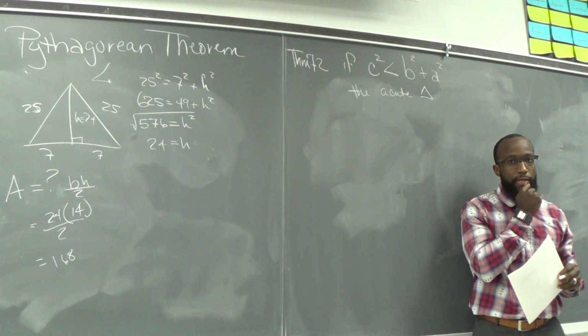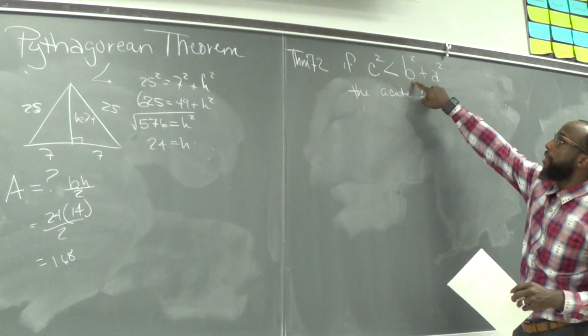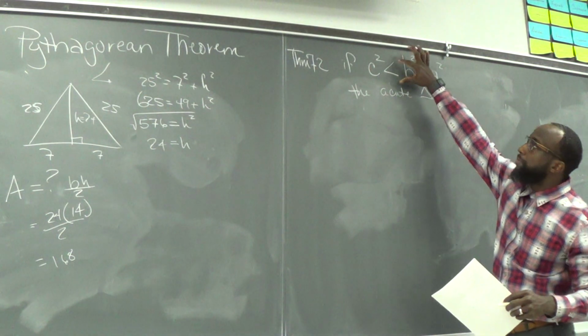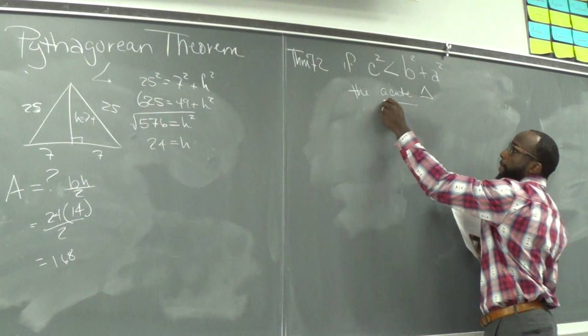Everybody good with that so far? So if a squared plus b squared is bigger than c squared, it's an acute triangle.